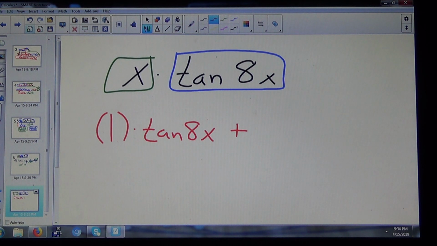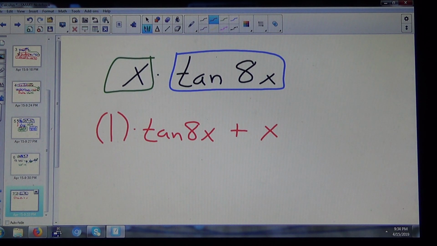So we got the derivative of the first times the second plus the first, and then times the derivative of the second.